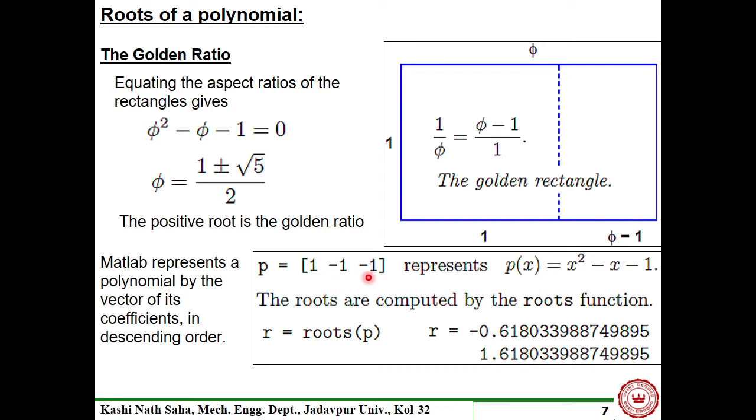So this automatically indicates that our polynomial goes that way. So that means this is our A, this is B, this is C, like that. So that way, this would be x square minus x minus 1.